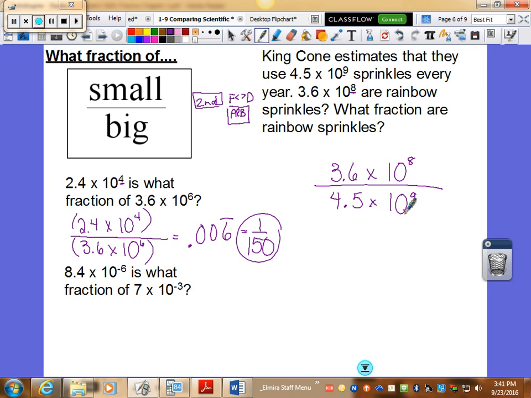Don't forget to put this in parentheses before you type it in. When I type that in, I get 0.08. If I take that 0.08 and hit second and the fraction-to-decimal button, I get a final fraction of 2 out of 25.